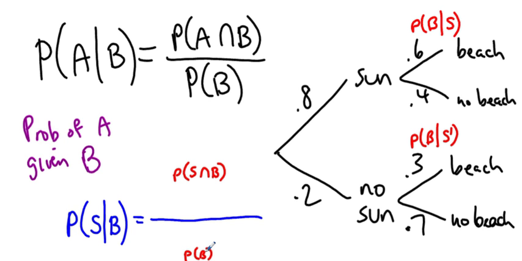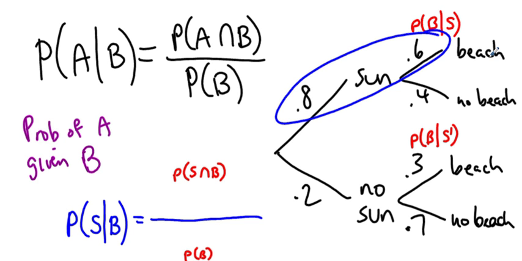And we can get all of that right off of this tree diagram. The probability of being sunny and going to the beach is the same as the probability of going to the beach and being sunny. Well, this is the branch where we go to the beach and it's sunny. And so we figure out the probability of the intersection by multiplying those together.